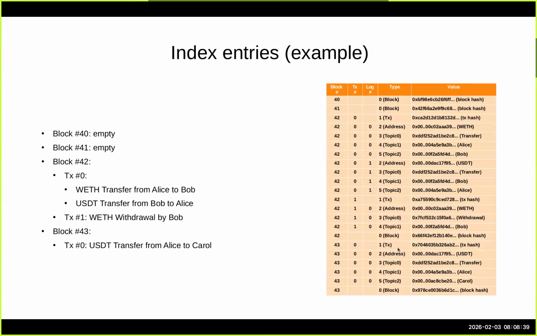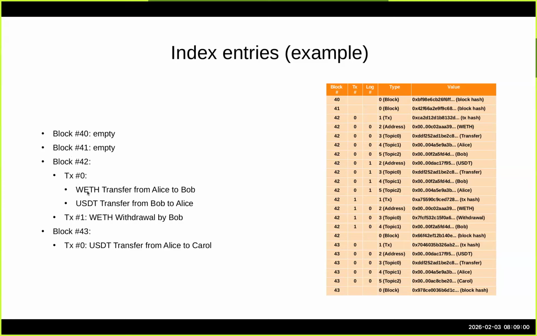So this is a chronological order of events in an example. I have a few events, there are four. This is an index table that covers four blocks, and there are some empty blocks.